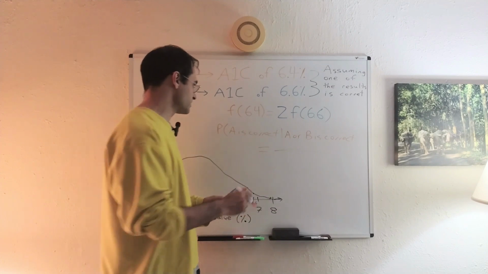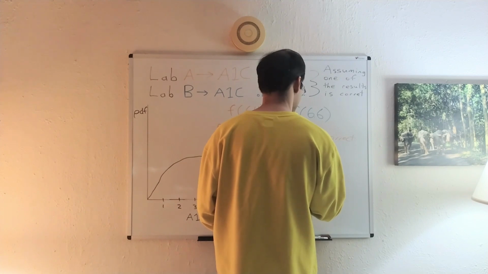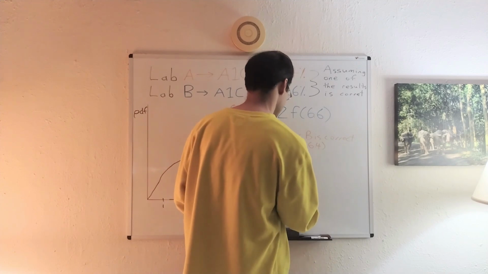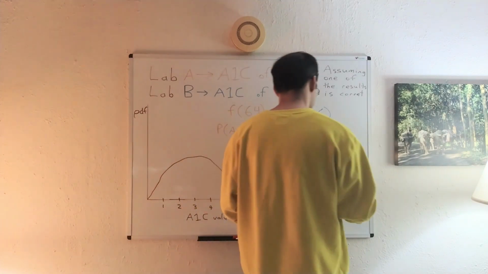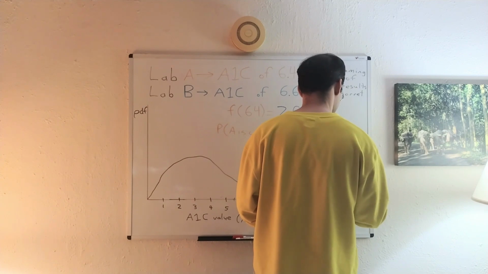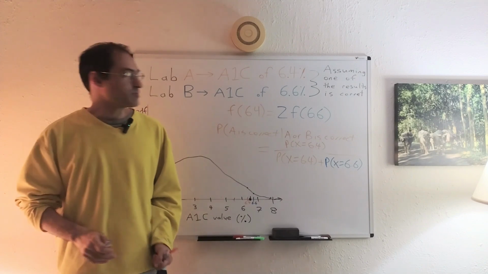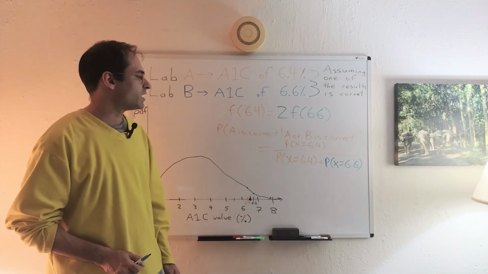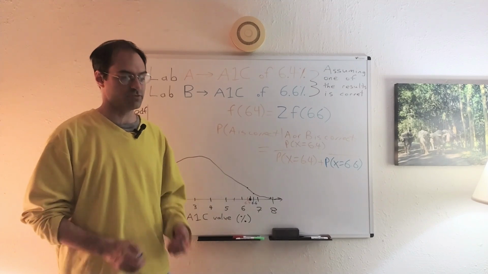So what we want is the probability that the random variable is equal to 6.4 divided by the probability that the random variable is equal to 6.4 plus the probability that the random variable is equal to 6.6. Now remember, this is a continuous random variable, so if we just assume the probability of a particular point to be 0, we're going to get 0 over 0 here, and that's not very useful.